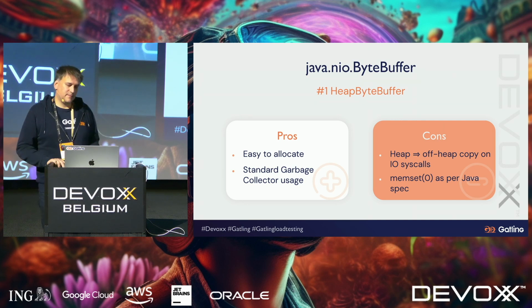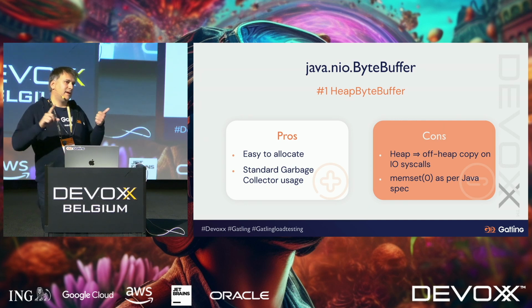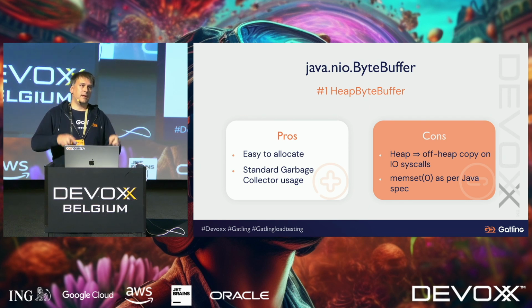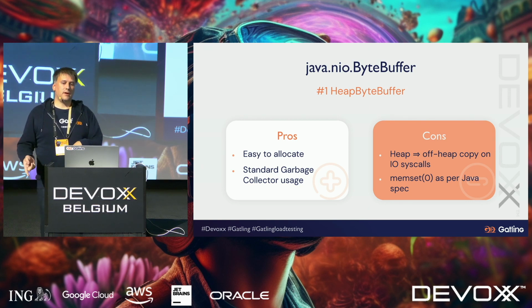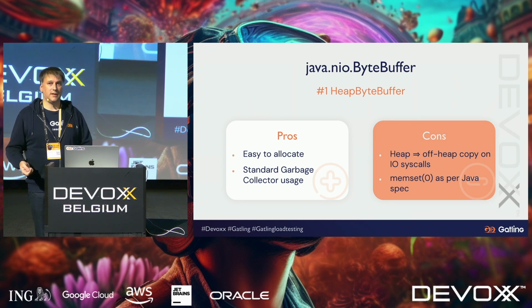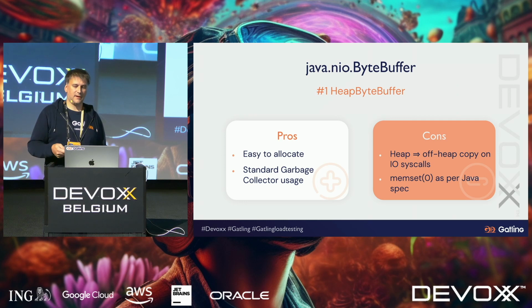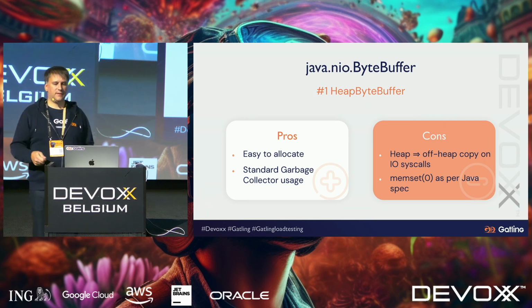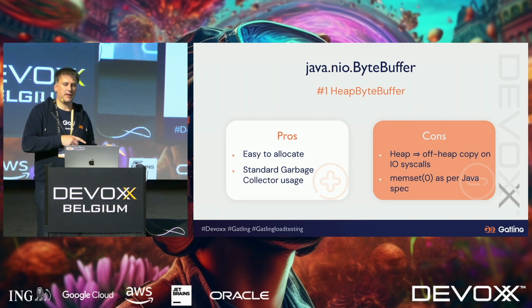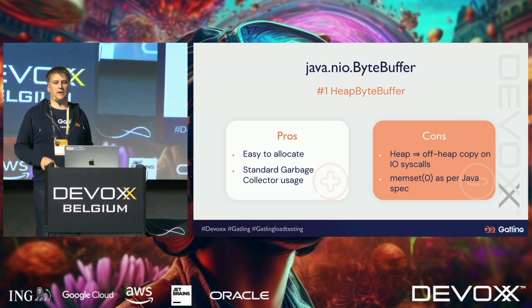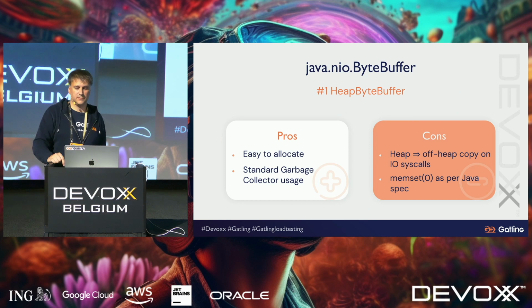Two problems. The first one is that you can't hand over heap objects to system calls, like writing on the socket. So if you're using heap byte buffers, at some point, for example, NIO will have to copy them into an off-heap array so that it can execute the I/O system calls.